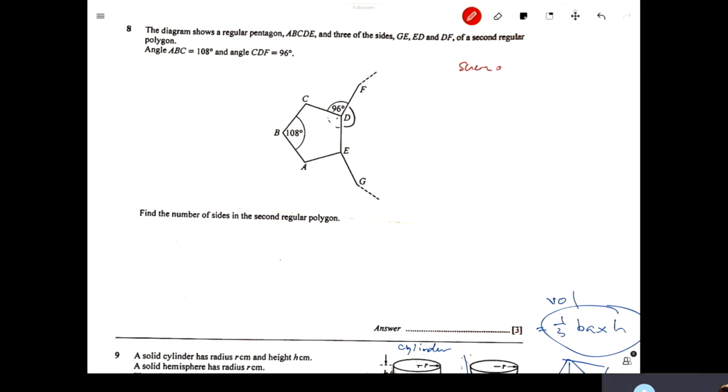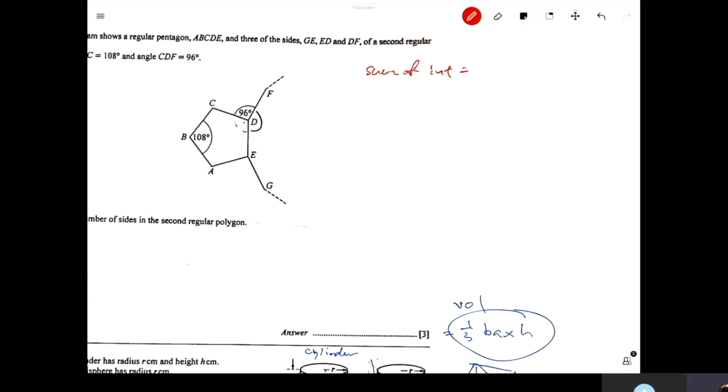Sum of interior angles equals n minus 2 times 180. Sum of exterior angles equals 360 degrees.